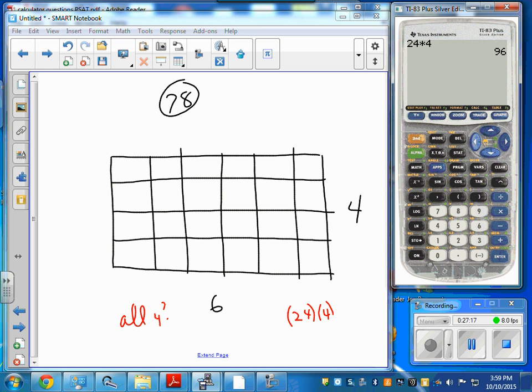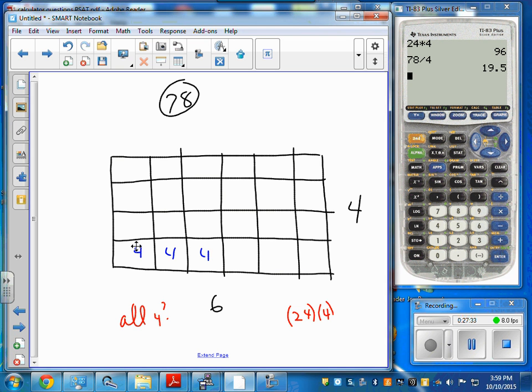So let's figure out how many groups of 4 we could put in there. We'll take 78 and divide that by 4. That looks like 19.5 boxes. So this would be 4, 4, 4, 4, 4, 4. There's 6. There's 12. There's 18.